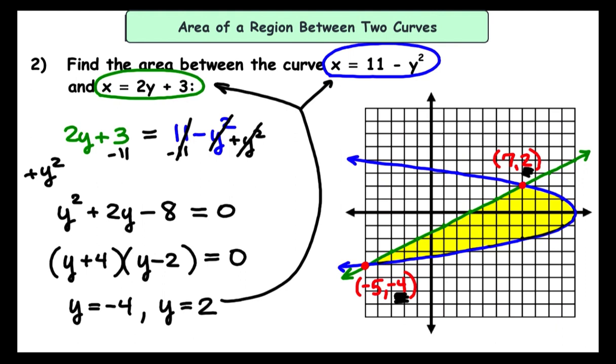Check this out. Green minus blue, green minus blue, green minus blue, top minus bottom. And that's totally fine all the way from negative 5 to 7. But once you hit 7, it's no longer green minus blue, it's blue minus blue, which is not going to help us.